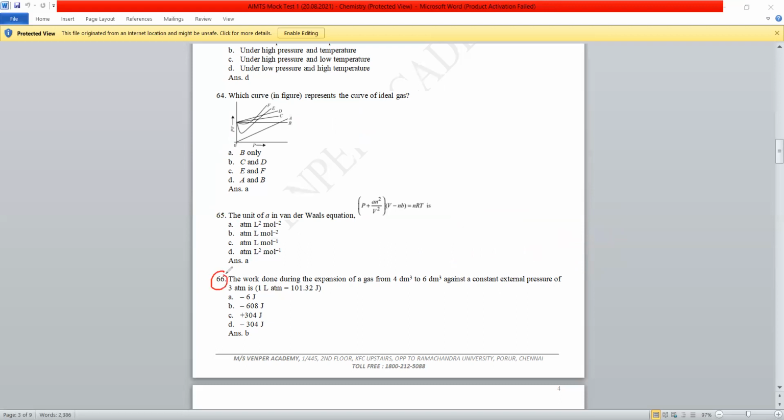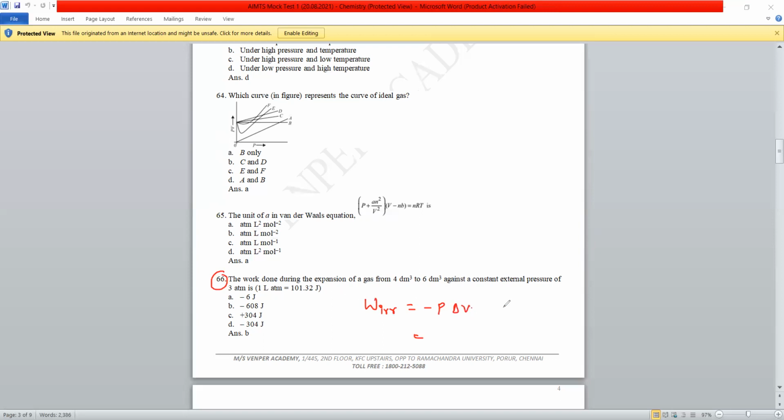Next question number 66 from thermodynamics. The work done during the expansion of a gas from 4 decimeter cube to 6 decimeter cube against a constant external pressure of 3 atm, where 1 liter atm equals 101.32 joules. This is a direct question, students. Work done in an irreversible process equals minus P delta V, where delta V is V2 minus V1.